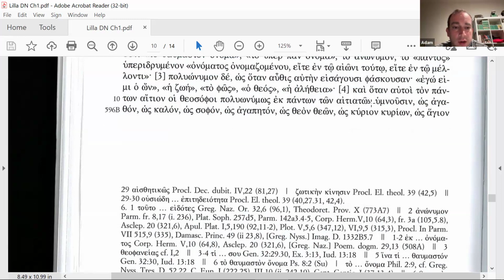On the other hand, it's many named, as when they introduce it at other times, saying, "I am which it is, the life, the light, God, the truth."